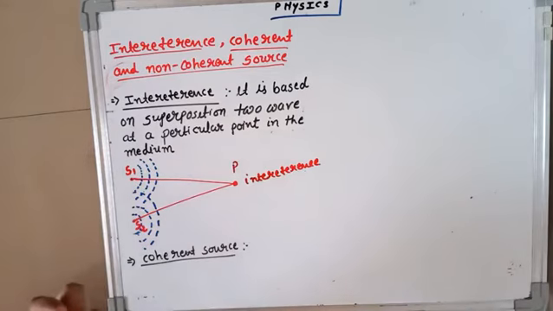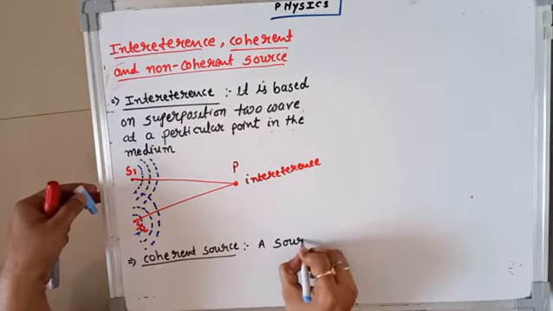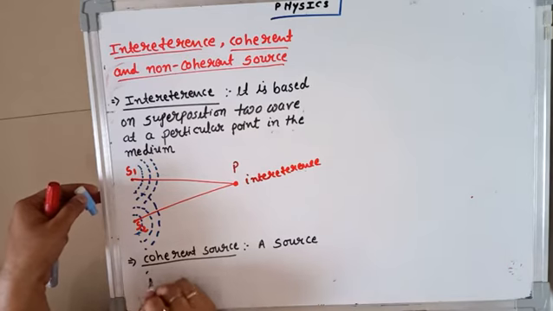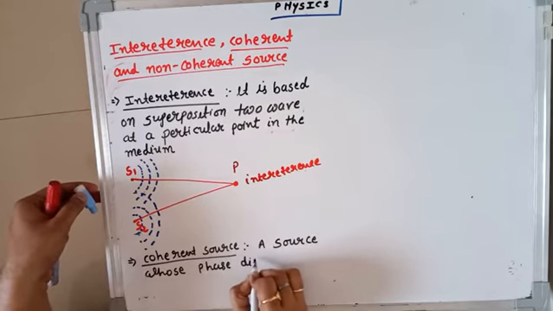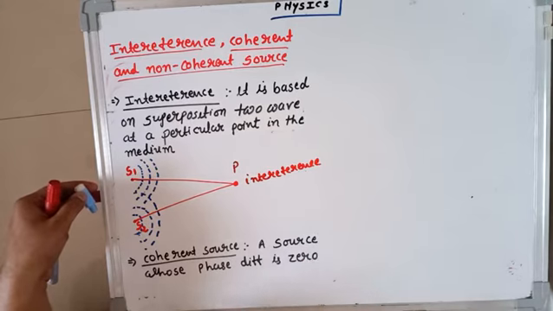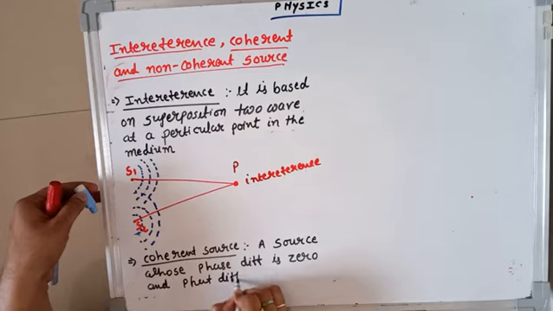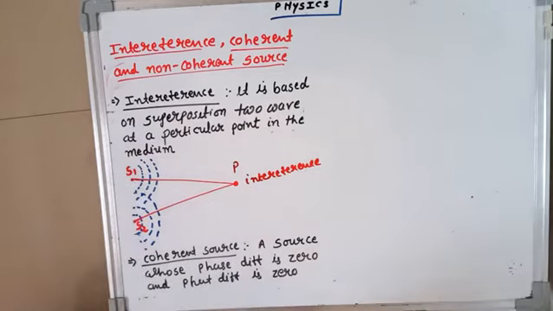The definition of the coherent source: a source whose phase difference is 0 is also called a coherent source.